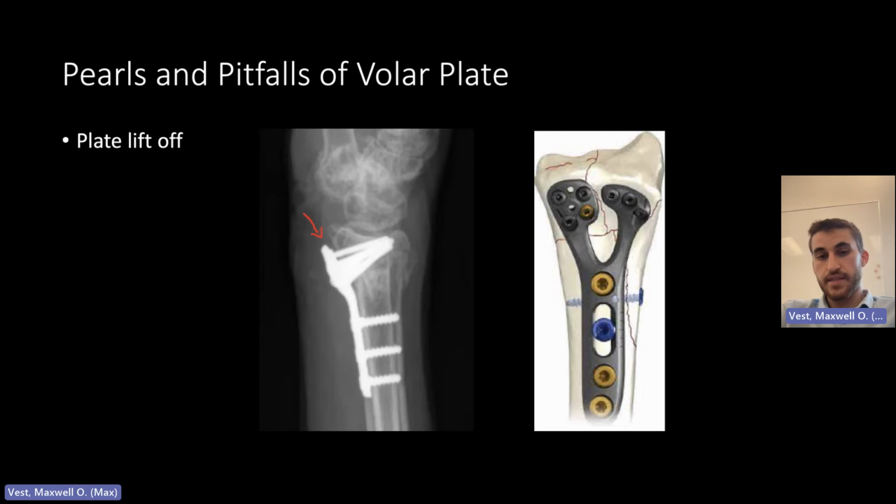And then this is that previous picture I showed, but there's another point I want to bring up, which is plate liftoff. So you can do a reduction on these and place your distal radius plate, and for some reason you can't always figure out why you have this gap that you see between the distal radius and the plate, and there's a couple different reasons for that.